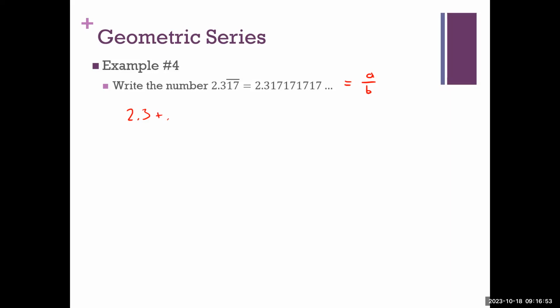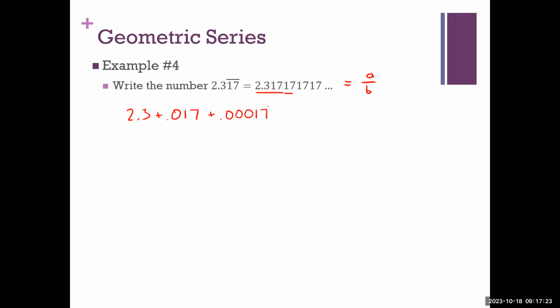What is 2.3 plus 0.017? That should give me this right here, right? 2.317. What can I add to that to incorporate these next two digits? 0.00017.